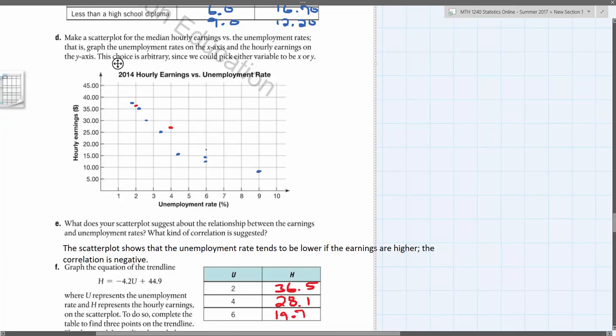These 3 dots, if I connect them, is what we're estimating the trend line to be. That isn't the best line here, but hopefully you get the idea. So that's what we're estimating the trend line to be.